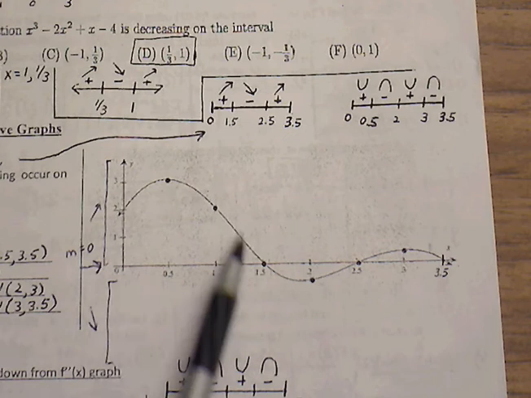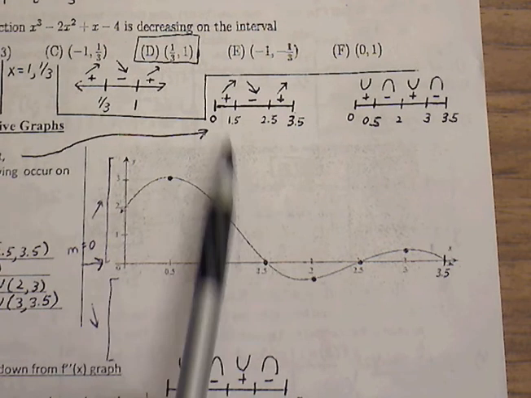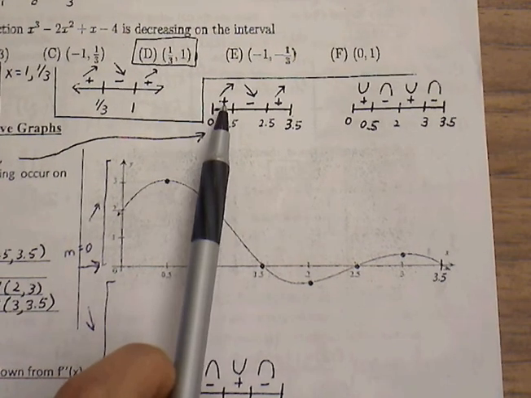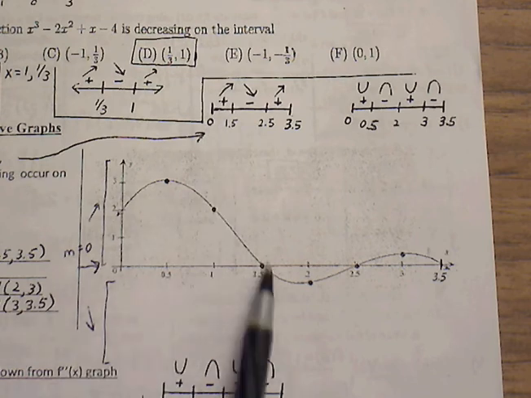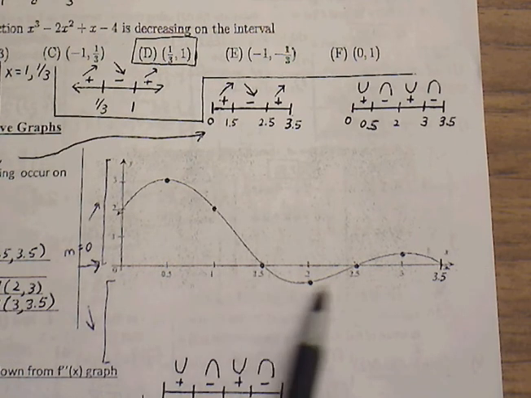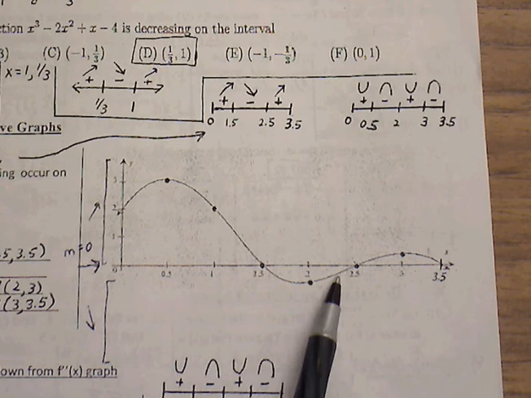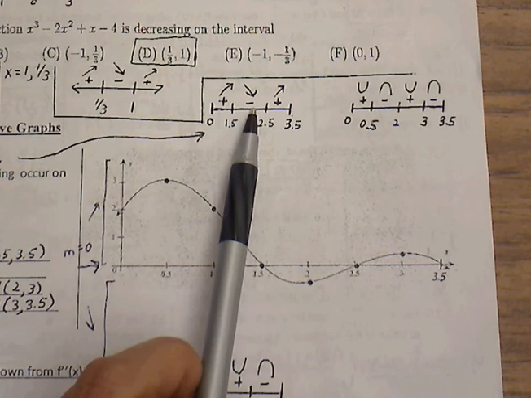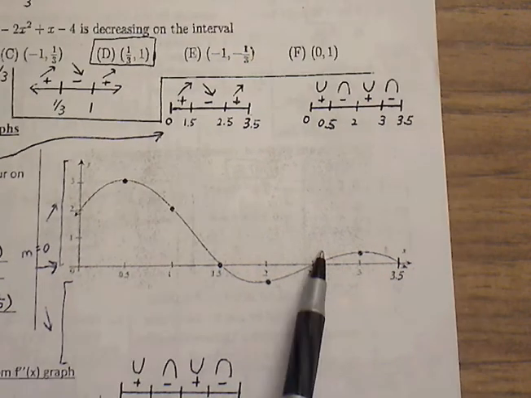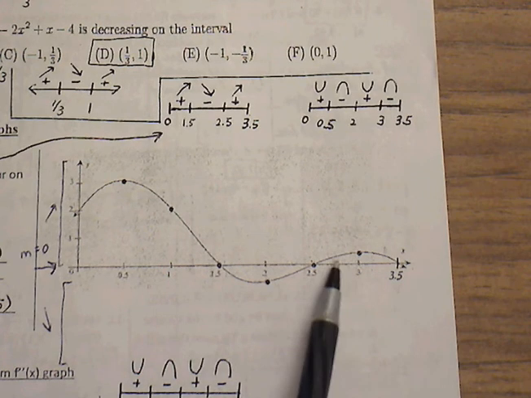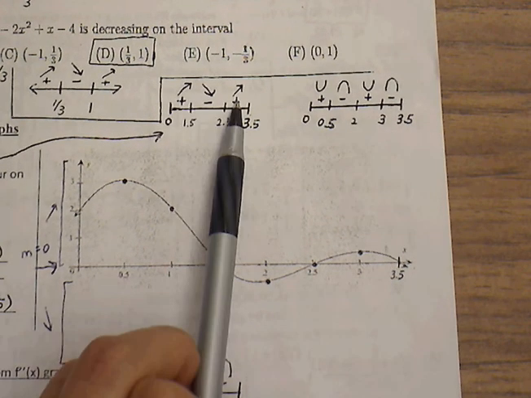All this represents positive slope, so the original graph is increasing in this interval. Here the graph is below the x-axis, so negative slope means decreasing. And finally, this last interval is above the x-axis, therefore increasing.